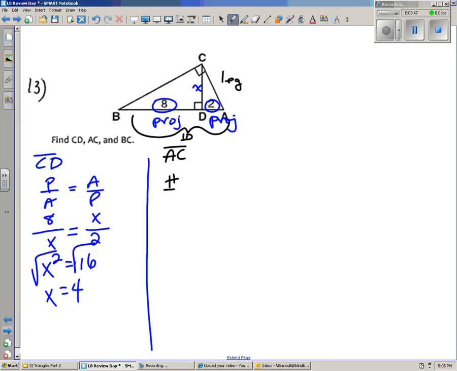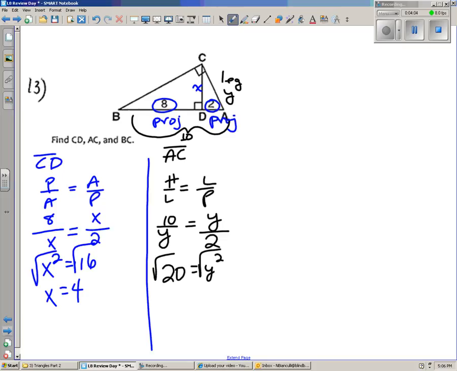So filling in HELP here, we would have 10 over the leg, which I'll call Y, equals same leg, Y, over the projection on that side of the picture, which happens to be a 2. Cross multiplying, we get 20 is Y squared. Y is the square root of 20, which breaks down into square root of 4, square root of 5, which is similar to the last problem, and we get 2 radical 5.